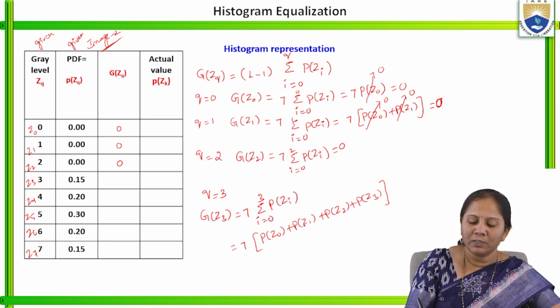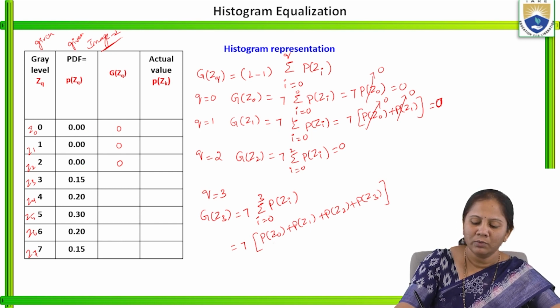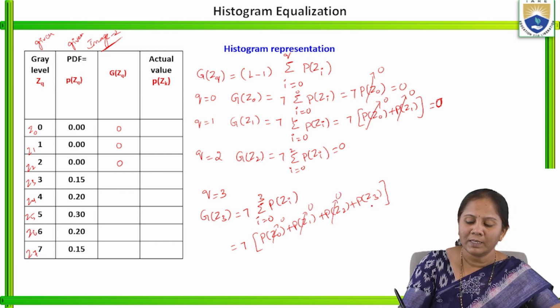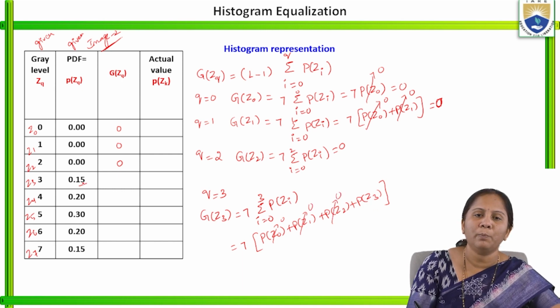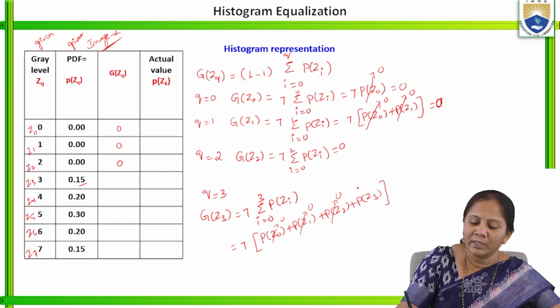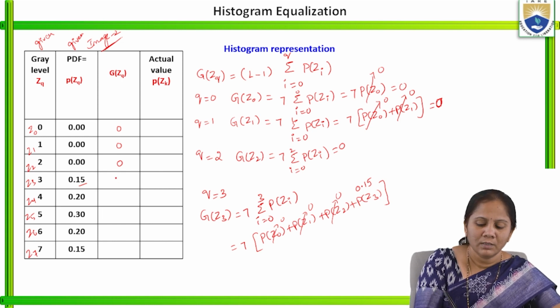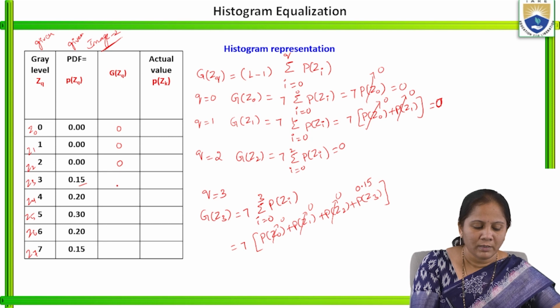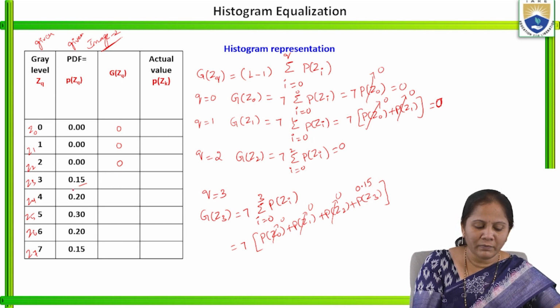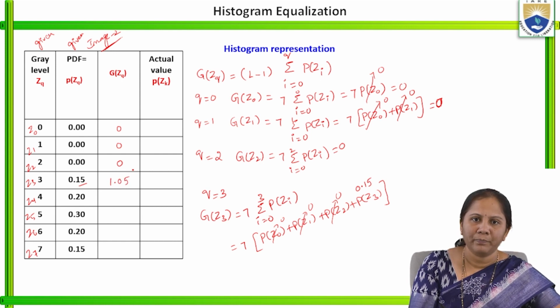P of Z0, Z1, Z2 are all zeros, whereas P of Z3 is 0.15. So 0.15 into 7, the value is 1.05.